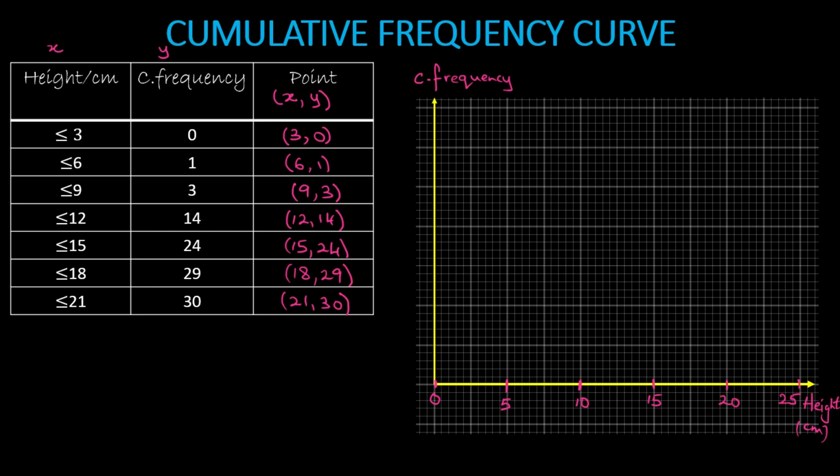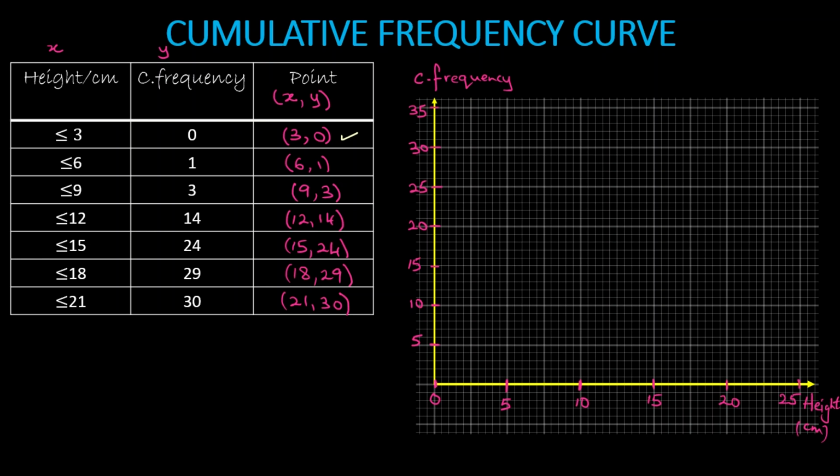And on the vertical axis, I use 1 square or 1 centimeter to represent 5. This is 5, 10, 15, 20, 25, 30, right? 35.